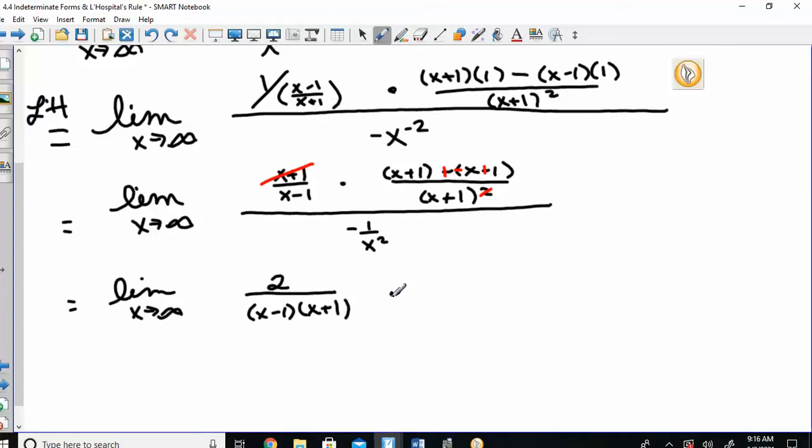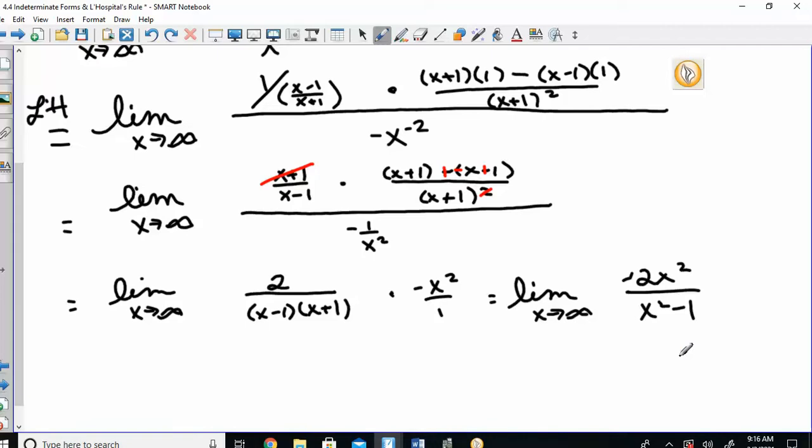To divide by that fraction, you multiply by the reciprocal. So I get the limit as x approaches infinity, negative 2x squared over, let's go ahead and FOIL, x squared minus 1. Okay.